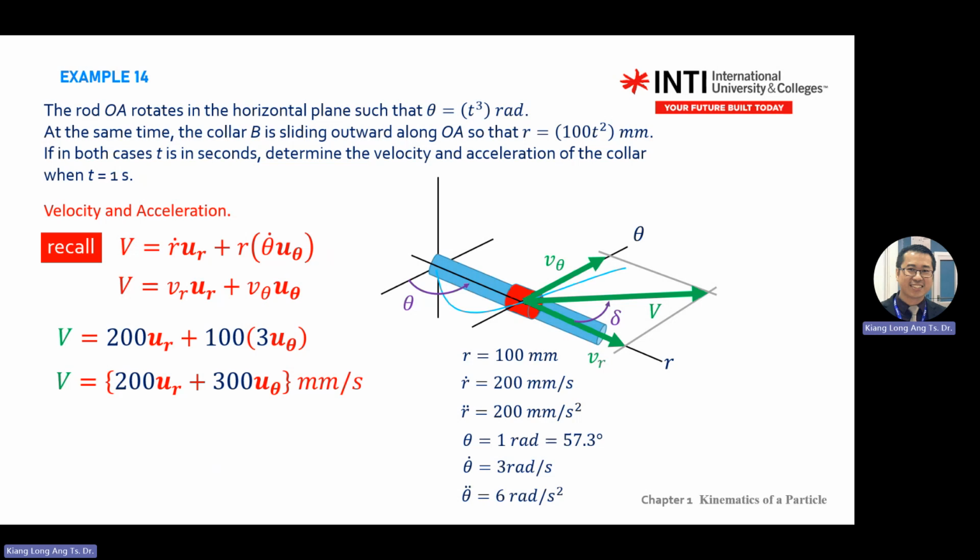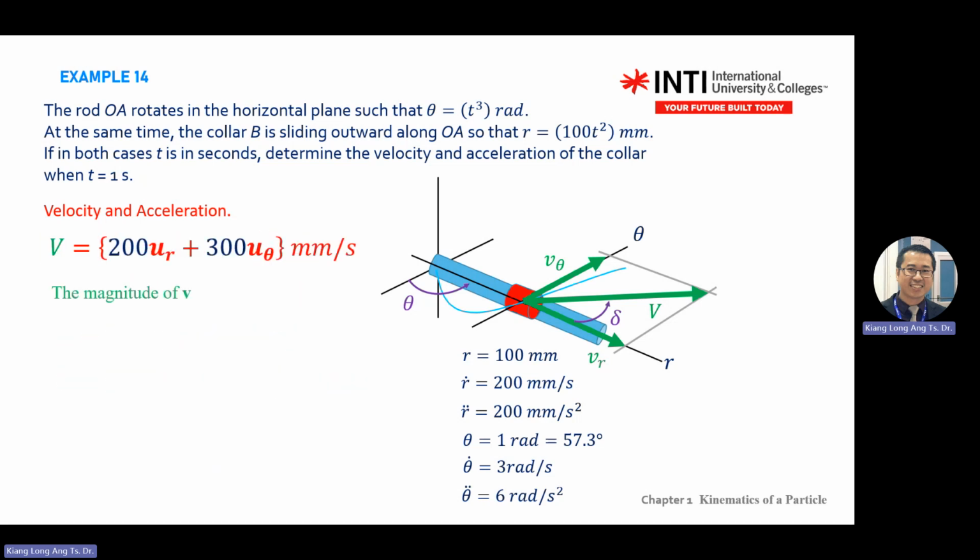From here, you can find the magnitude of v: square this one, plus square this one, square root. For the angle, same thing. You go back to the diagram and find the tangent: tangent of this angle equals v theta divided by vr. I did it for you; the equation is like that.